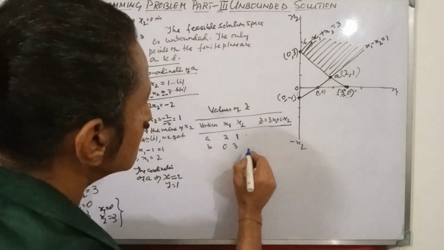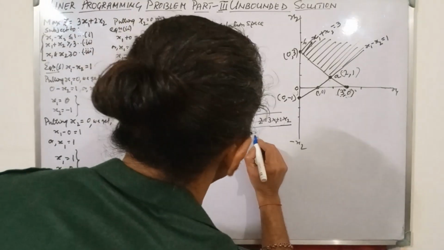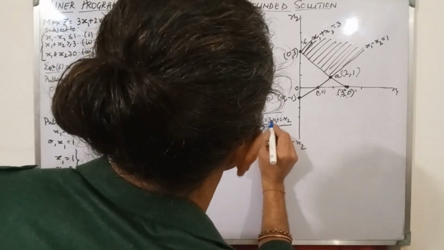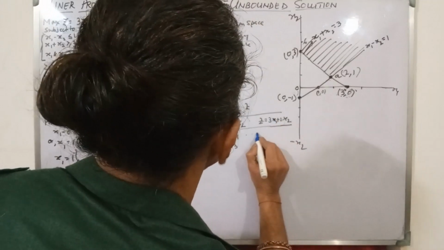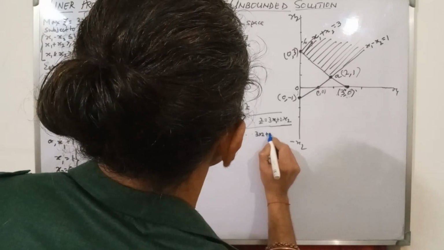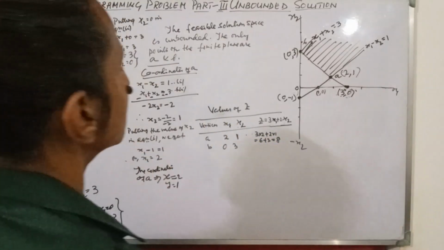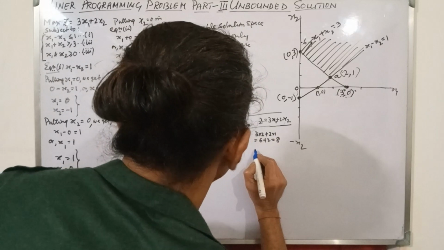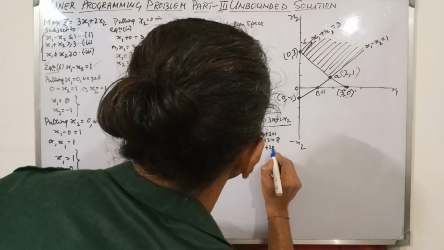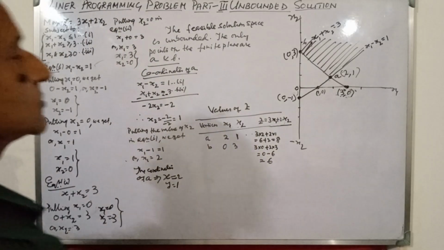So now you can find the values of z by putting in the coordinates of A and B. Here it is 3 into 2 plus 2 into 1, that equals 6 plus 2 equals 8, and for coordinate B, 3 into 0 plus 2 into 3 equals 0 plus 6 equals 6.